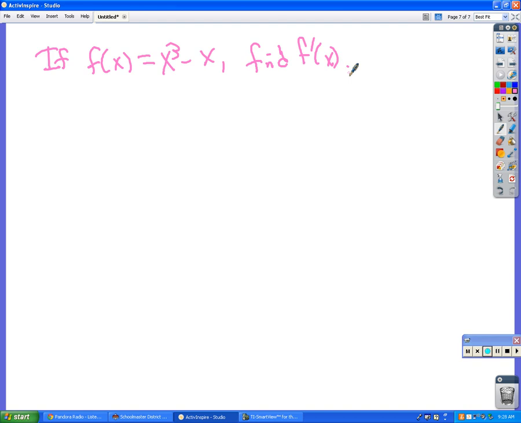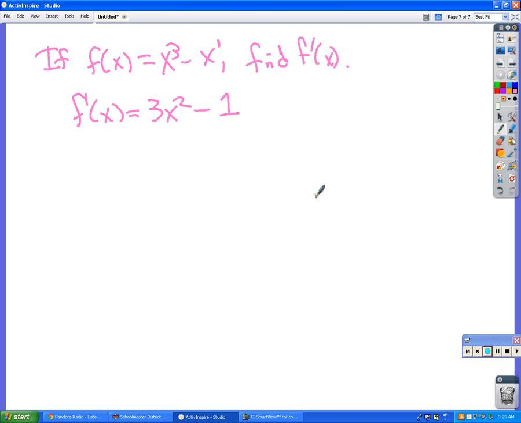The secret formula tells us 3x squared minus 1, because this is x to the first power. So the 1 goes down in front, and then you take 1 off of the power, which gives you x to the 0, which means it's not there anymore.